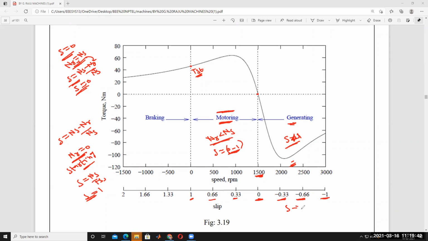Slip is negative for generating mode. For braking mode, slip is greater than 1: 1.33, 1.66, 2. For motoring mode, slip is between 0 and 1. Slip is positive for motoring mode and also for braking mode, but in braking mode it is greater than 1. Understood?